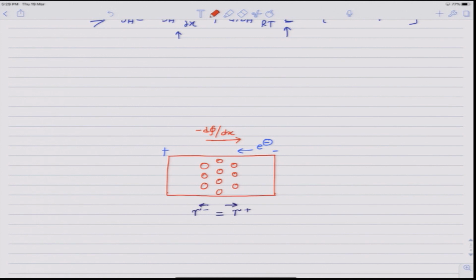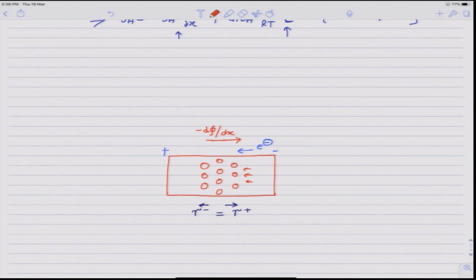Now consider there is an electric potential gradient existing from left to right as shown here. So the electrons are flowing from right to left. Now as the electrons are flowing, they are colliding with the atoms, and in this process the electrons are transferring their momentum to the atoms. Because of this, the jumps of atoms are biased in the direction of flow of electrons.